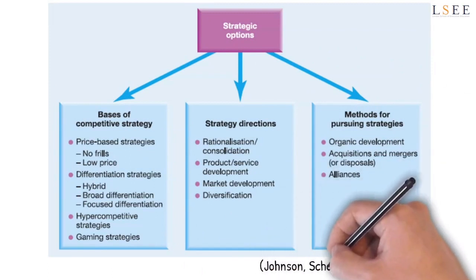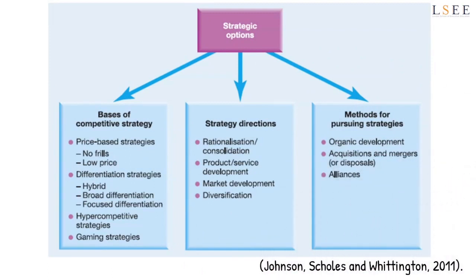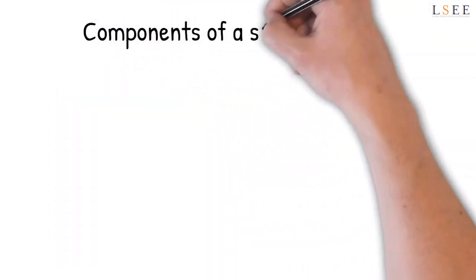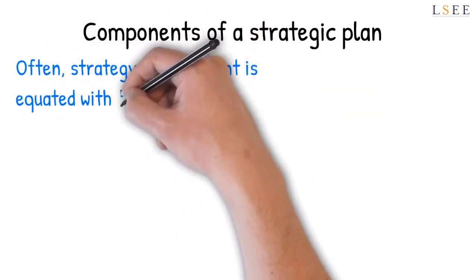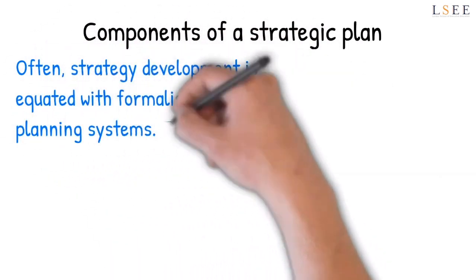Johnson, Scholes, and Whittington, 2011. Components of a strategic plan. Often, strategy development is equated with formalist strategic planning systems.